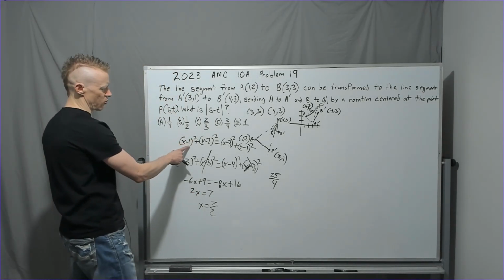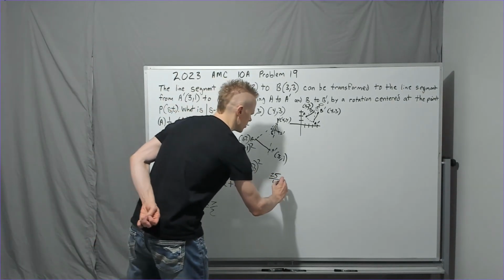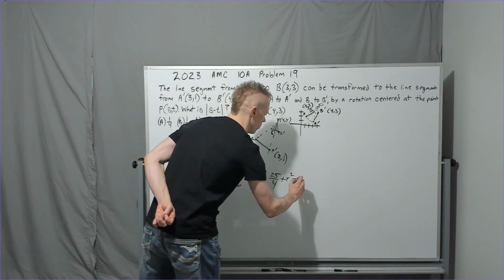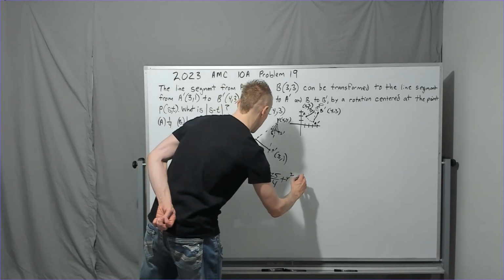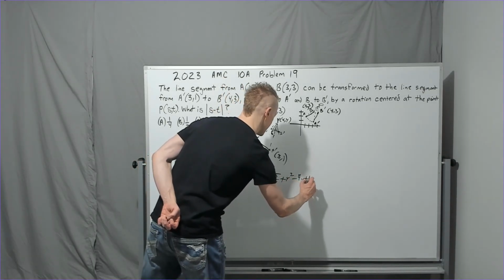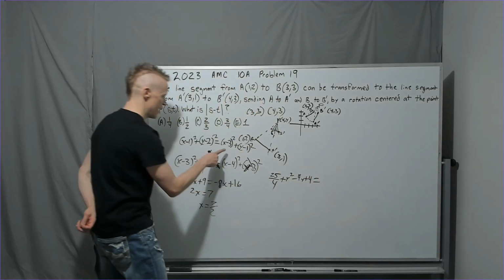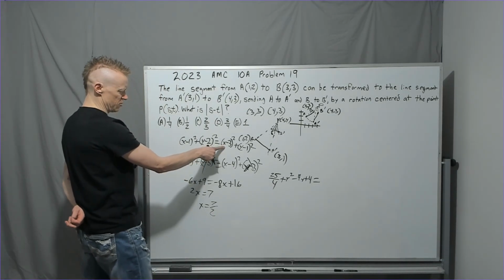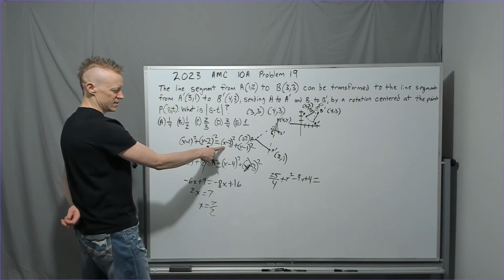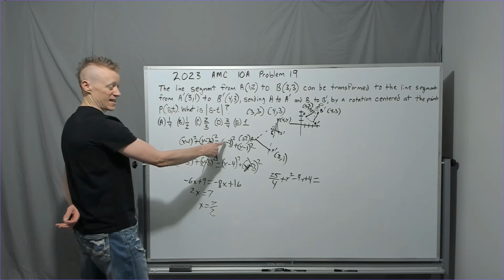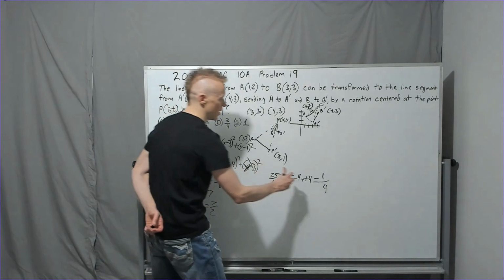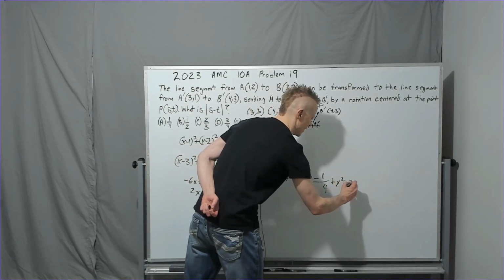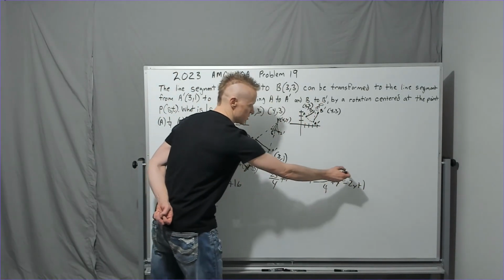5 over 2 squared plus y minus 2 squared. I'm going to go ahead and expand it now. Y squared minus 4y plus 4 equals, again, 7 over 2 minus 3 is a half. Half squared is 1/4, and then y squared minus 2y plus 1. Of course, we're already thinking ahead.